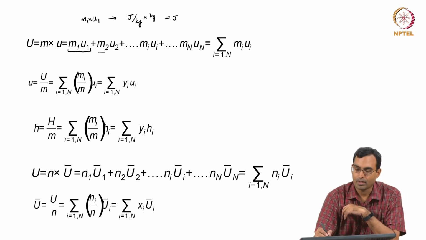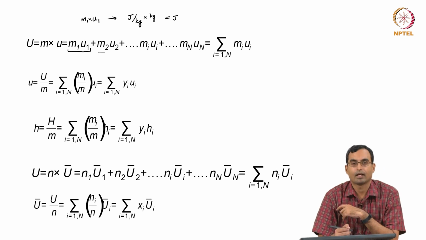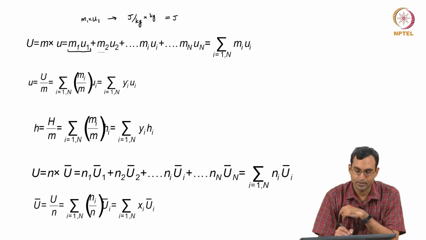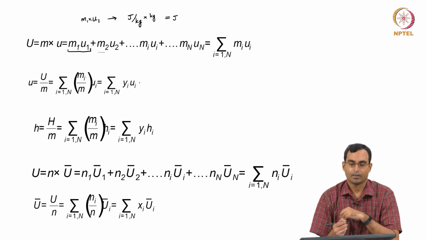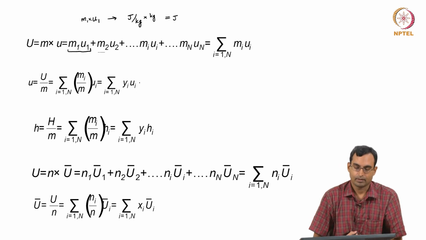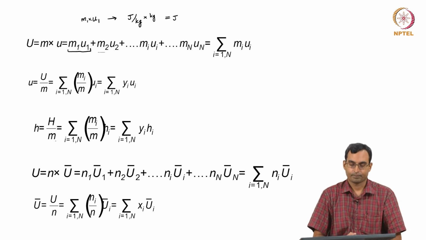So, I have the sigma Mi into Ui, which is over here, and divide by m. So, this Mi by m is the mass fraction from our earlier definition. So, I get this as sigma of mass fractions into specific internal energies. So, this is how I can find out, for example, the specific internal energy of the gas mixture.